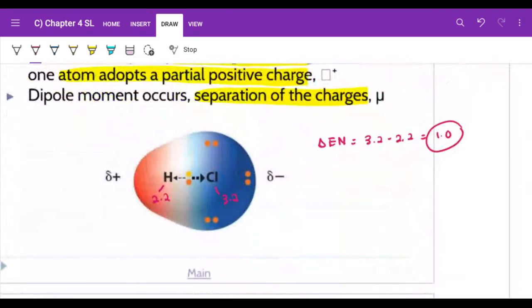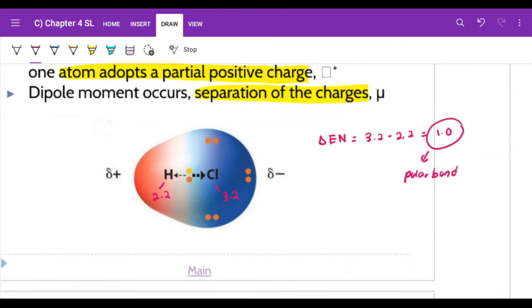Now the value is 1.0, which is a polar bond. Why polar bond? Because the electronegativity value of chlorine is greater than hydrogen. The higher the electronegativity, the more chlorine will attract this pair of electrons towards the chlorine atom.